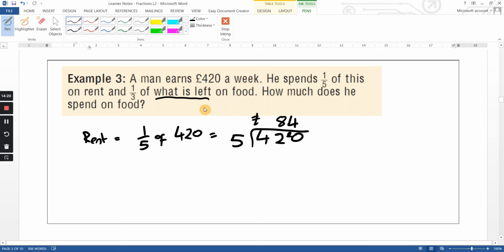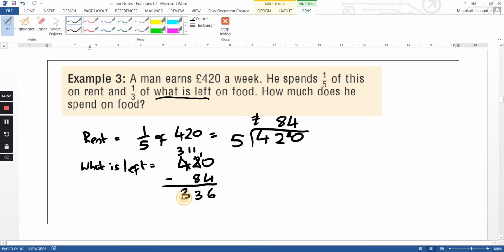I need what is left first, so you take this away from 420. 420 take away 84, we're going to have to do it like this without the calculator. I'm going to have to borrow. 10 take away 4 is 6, borrow again. 11 take away 8 is 3. I've got 3 there as well.